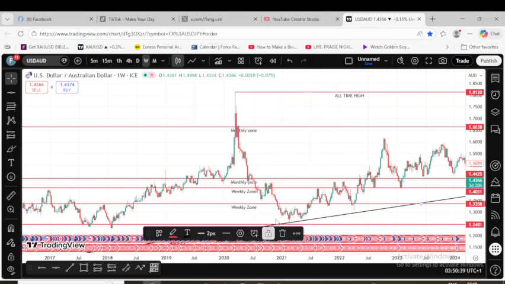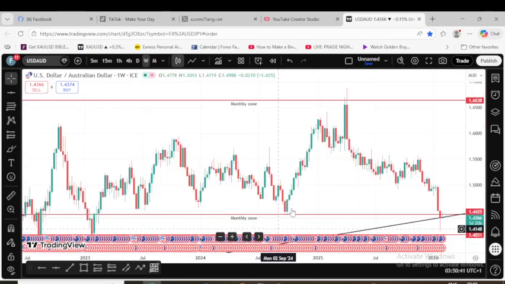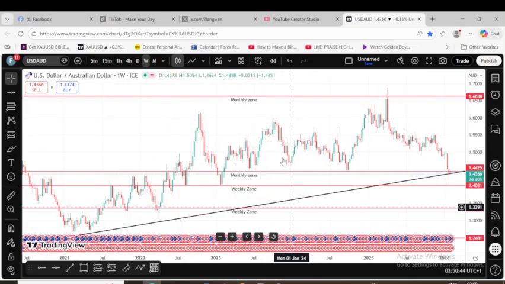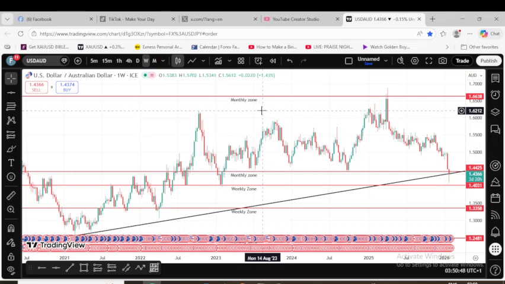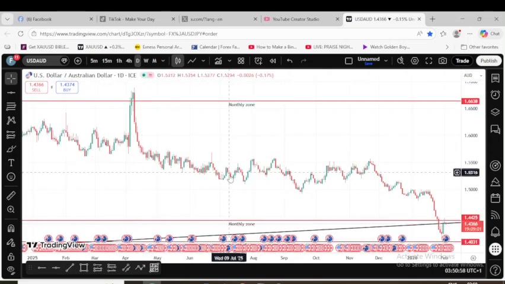And I don't think I can draw a trend line. I can draw a trend line, but it'll just end up overlapping with the monthly trend line.